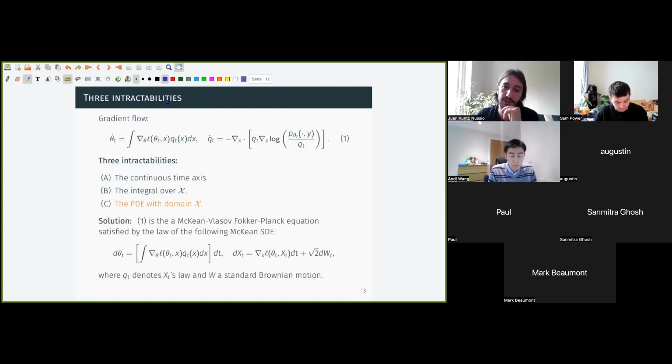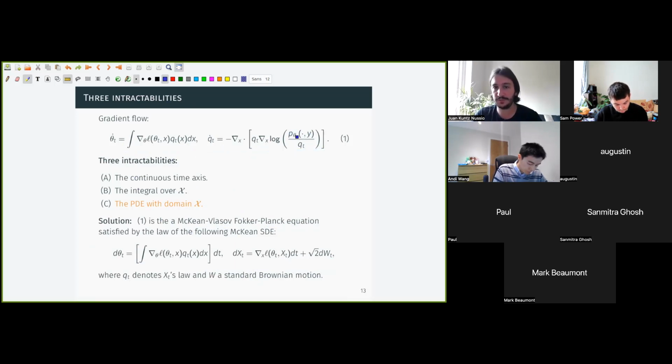And the trick we used here was just noting that this thing together is basically a McKean-Vlasov-Fokker-Planck equation that is satisfied by the law of this SDE here. So what I mean by this, well, this here is the same as that, just rewritten in SDE notation. And then if you look at this thing here, this looks like the Fokker-Planck equation of the Langevin diffusion targeting this posterior here, or its unnormalized version.